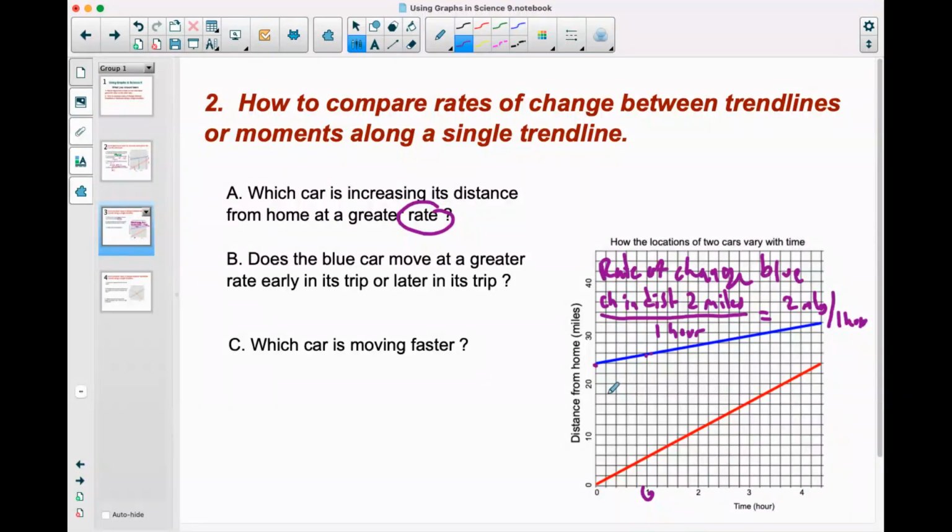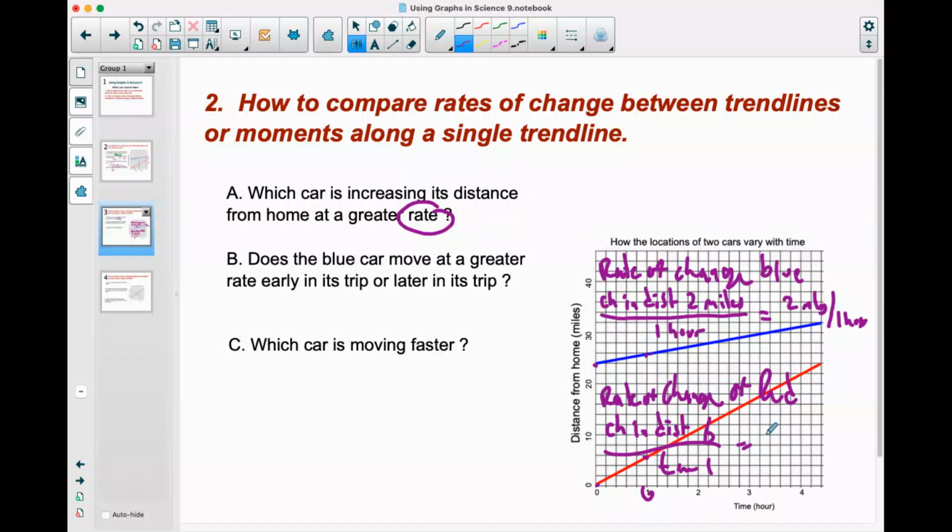All right, now let's do it for the red car. For the red, in that same 1 hour, the red went from 0 to approximately 6. So let's say the change in distance was 6 and the time was 1 hour again.